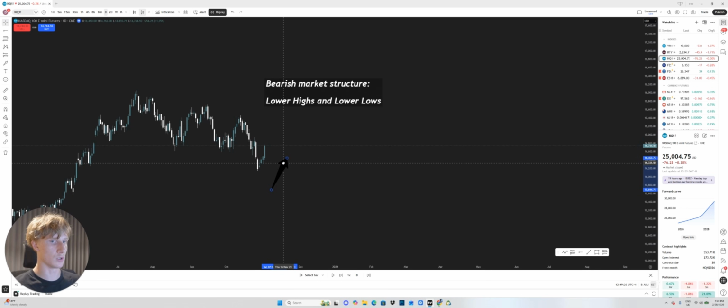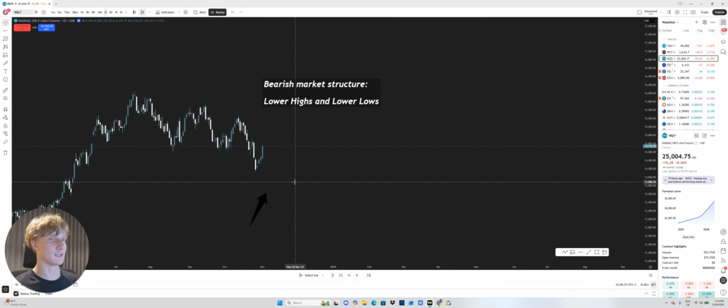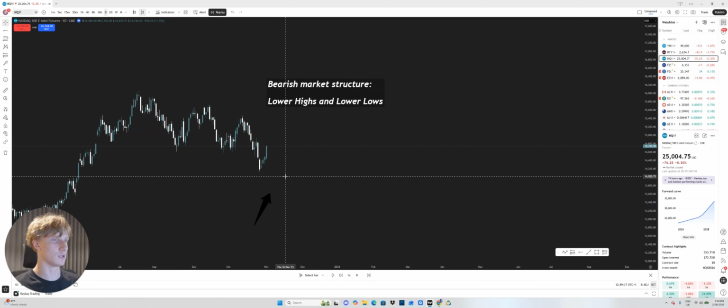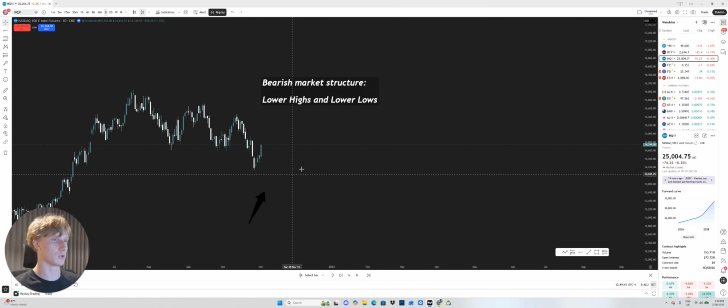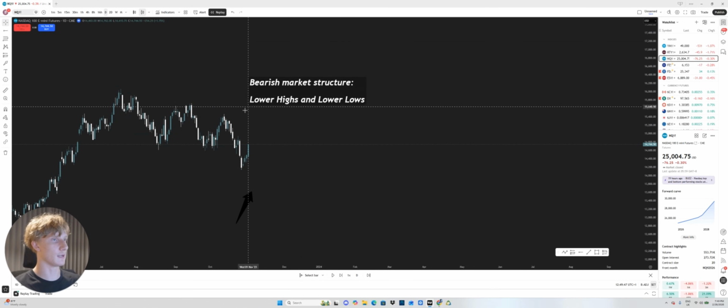So this is the rule, okay? As long as price is printing bearish market structure or bullish market structure, we are anticipating that price is going to continue to go long, which means go up if we're in bullish market structure, and go short if we're in bearish market structure. Now, let's talk about that a little bit more.